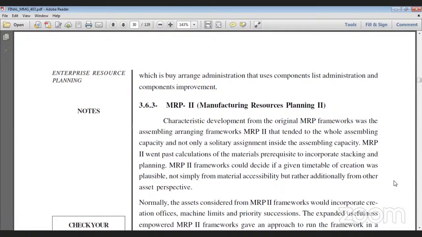There are some characteristics of development from the original MRP frameworks. MRP II was the manufacturing planning framework that addressed whole manufacturing also. We shall stop here because the next unit is MMG 404, service operations management.